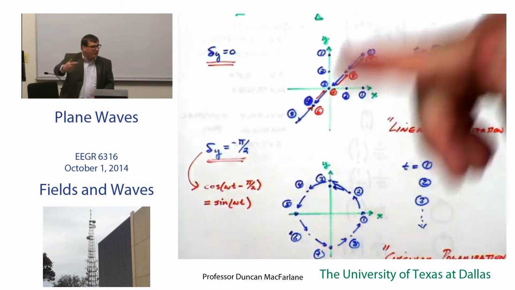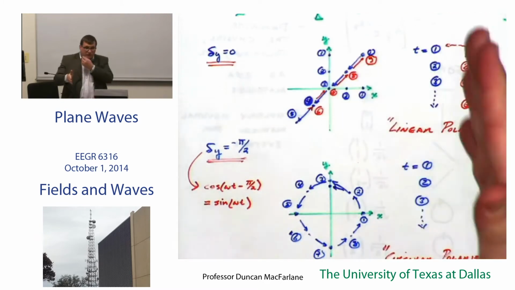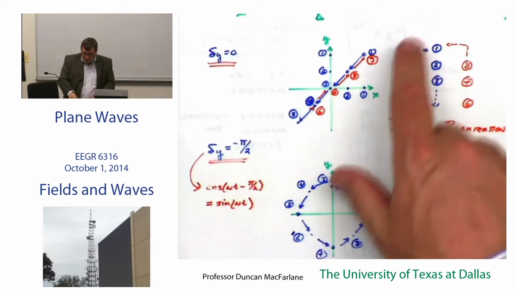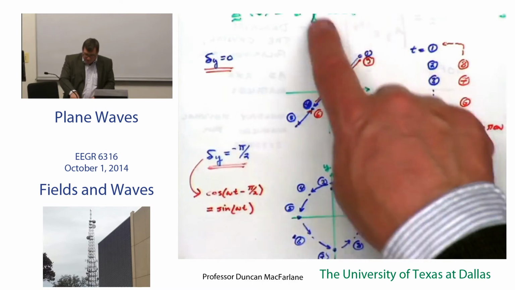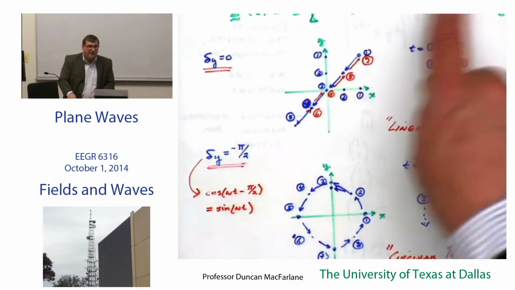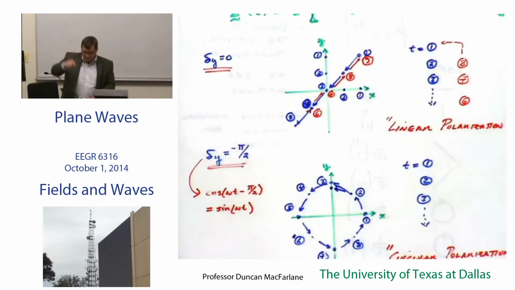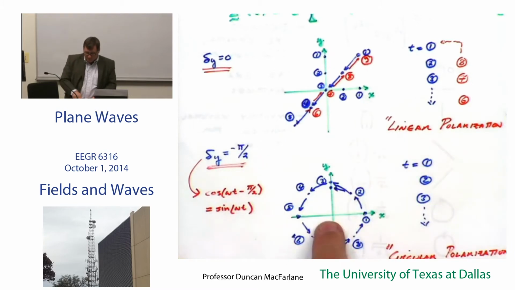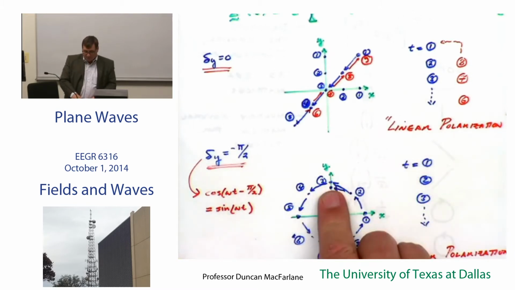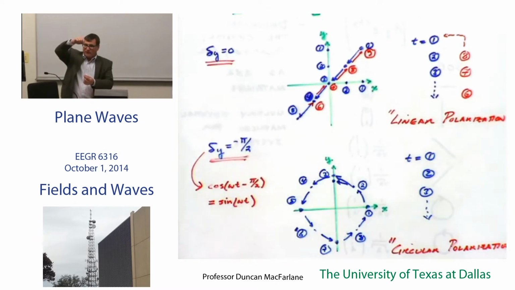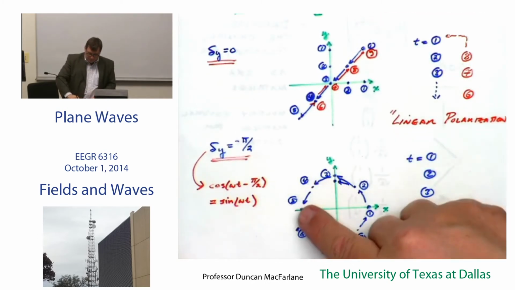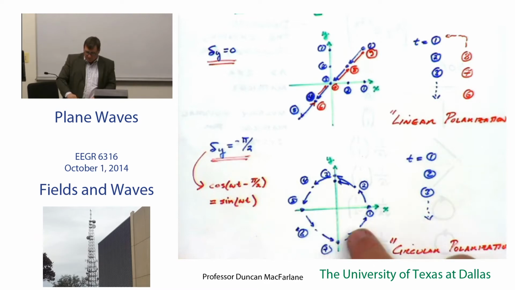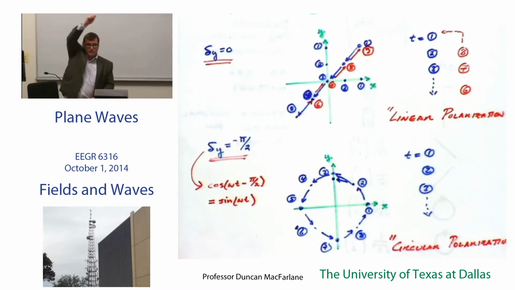If I clock through another quarter cycle, then, or another eighth of a cycle, 2 pi over 8, then this guy is zeroed out, and this guy, the sine, is now maximum. And so y is maximum, x is 0, and I'm up here, and the force on my electron is pointing up. And as I keep arcing around, my electric field moves around in a circle.